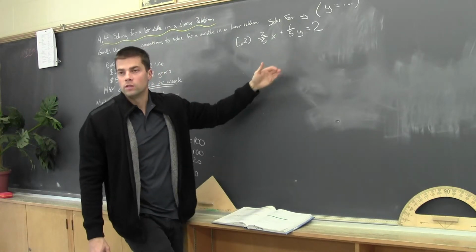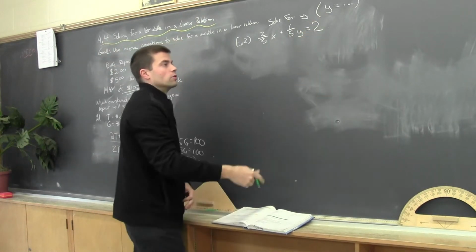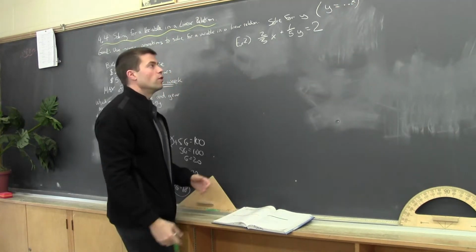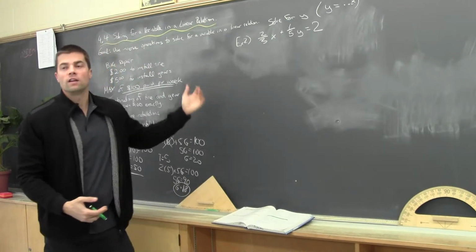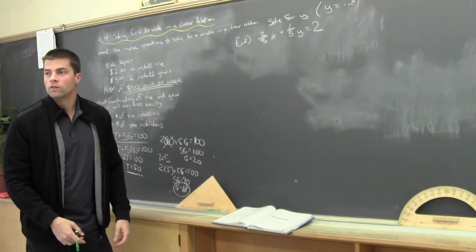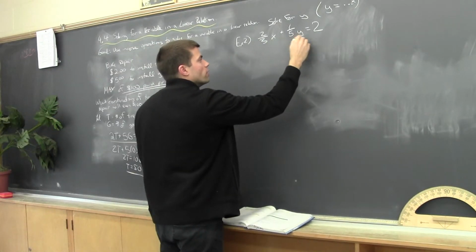Okay? That's what it means, solve for y in terms of x. It wants us to end up with something like this, y equals something something x. So in other words, it's saying isolate for y even with the x variable involved. So we're trying to isolate for y.